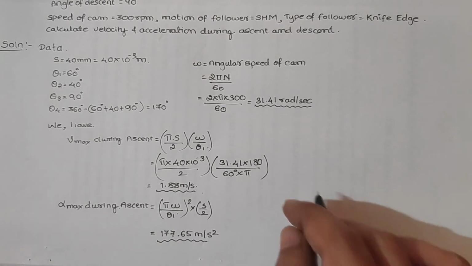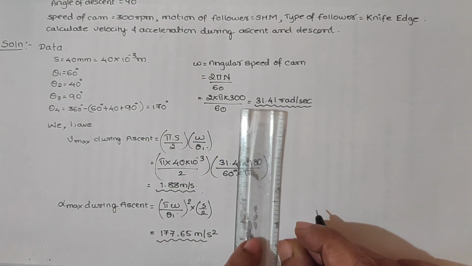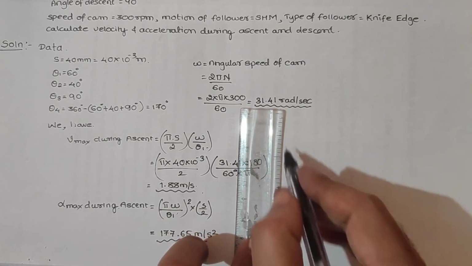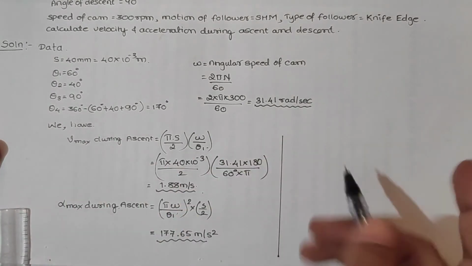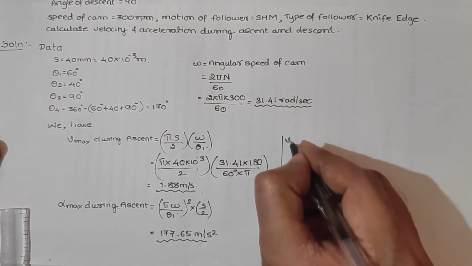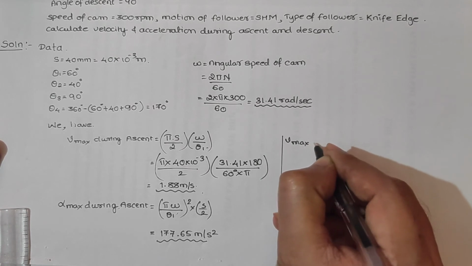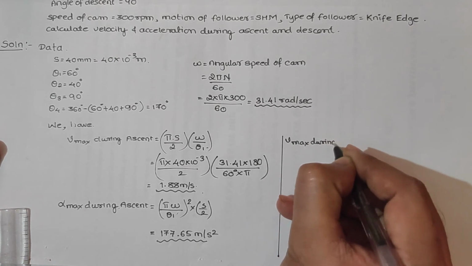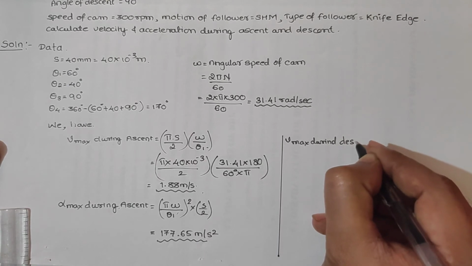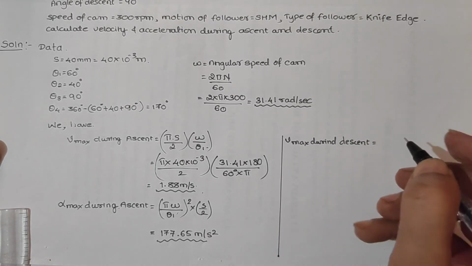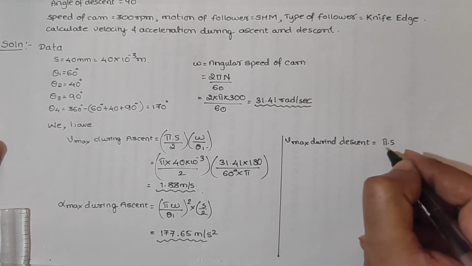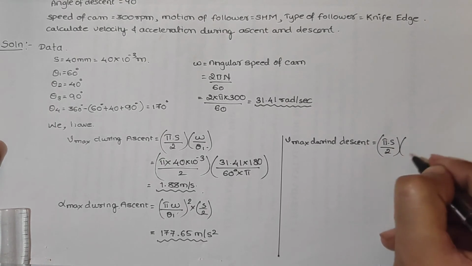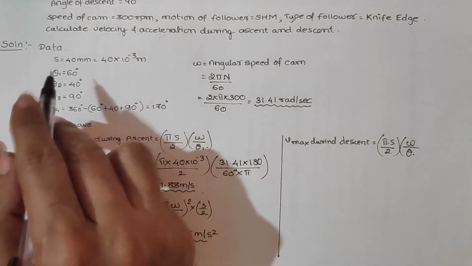Next, similarly we have to do it for the descent period. How the equation will be changing, you will know here. So Vmax during descent is equal to pi into S divided by 2 into omega divided by theta. Here theta 1 we had used for ascent.